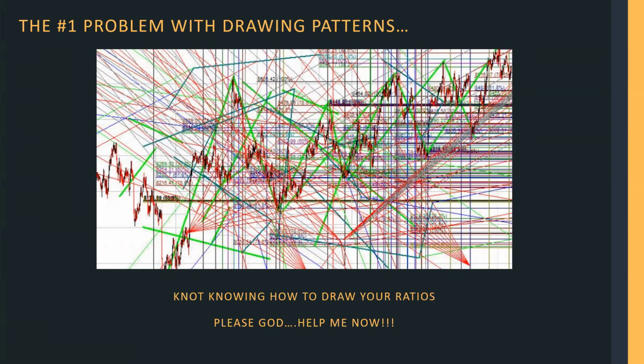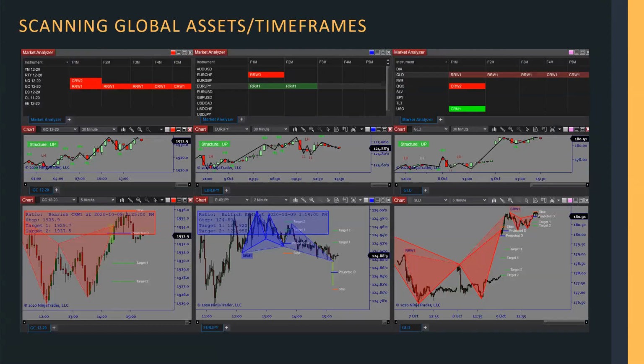So what I want to do is give you a better way, and it's a really, really simple way to do things. What we're going to do is talk about scanning. Scanning is about identifying the markets that are in play based off mathematics.